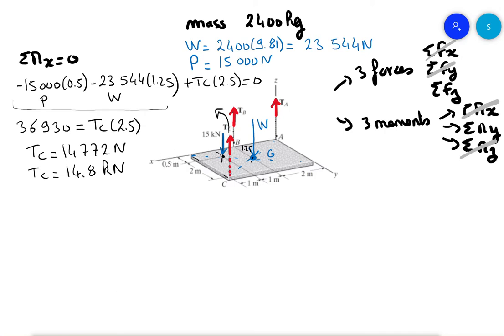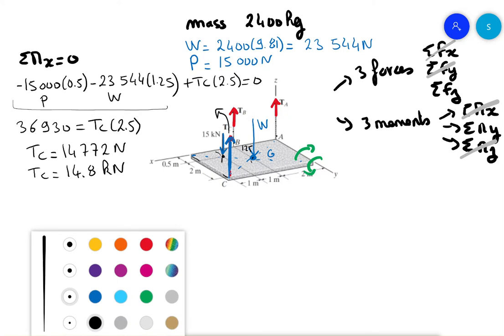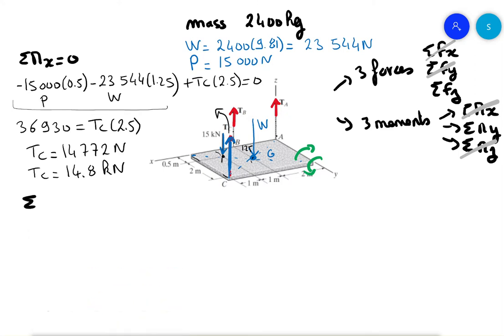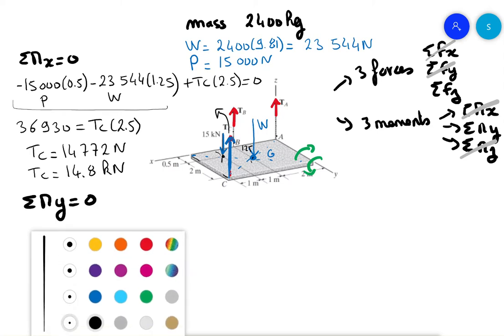So that's this one, moment about Y, in these directions, we have two unknown, TB and TC, but TC now, it's a force that we know, it's a blue force. So we will be able to solve for TB. So the second equation that we will use is sum of the moment about the axis Y equals 0.